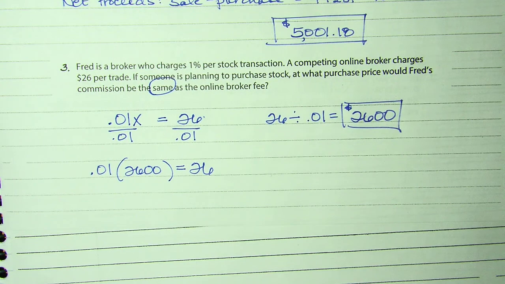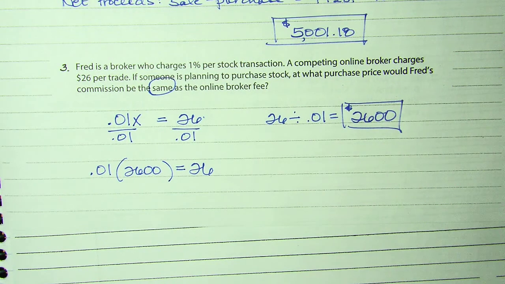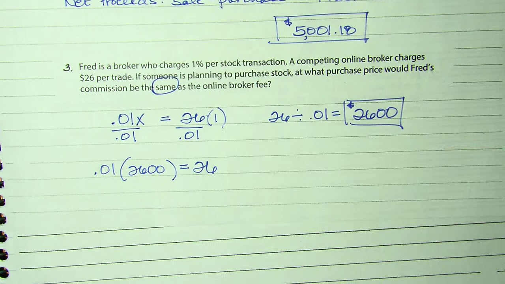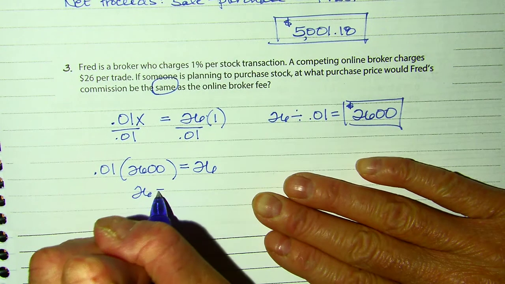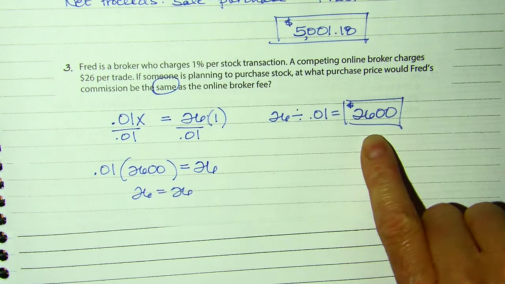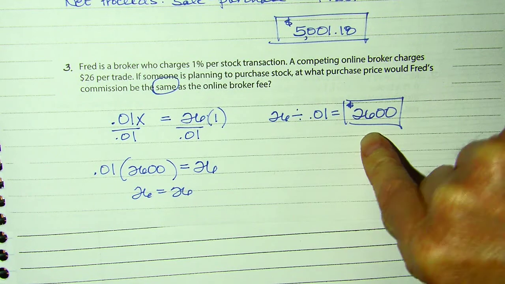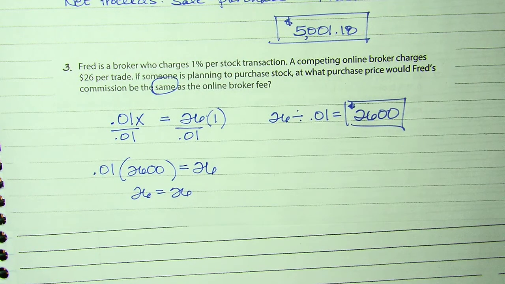Times one trade, and that's why it's only one right there. So these are equal, 26 equals 26. The answer is when you make a sale of $2,600, both of these fees are the same.